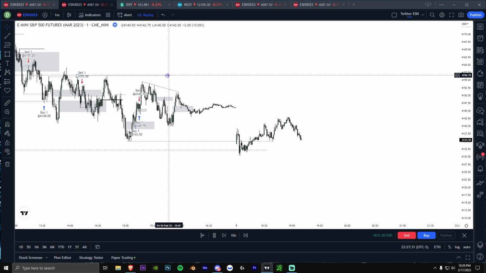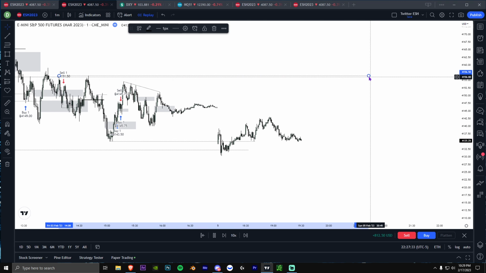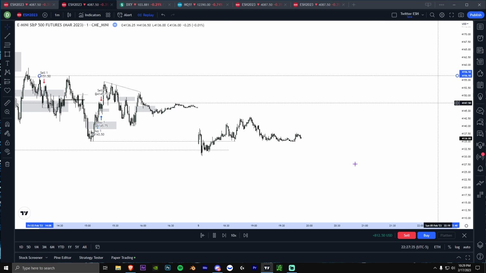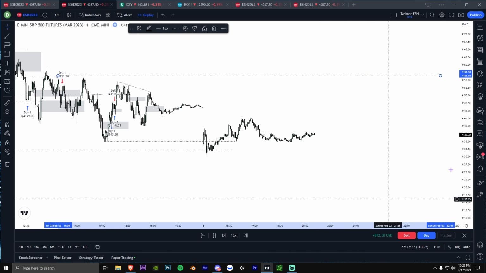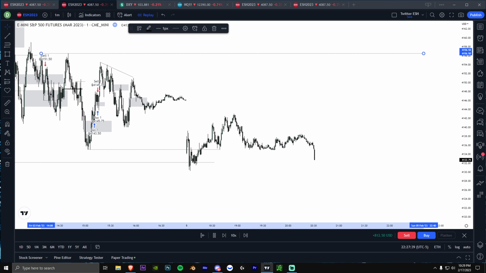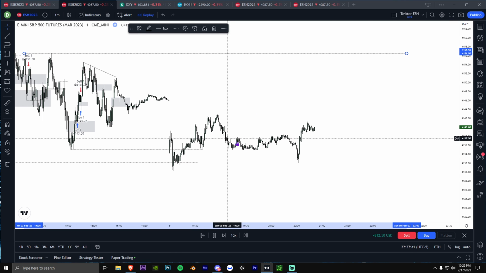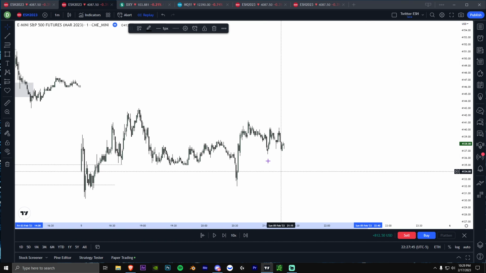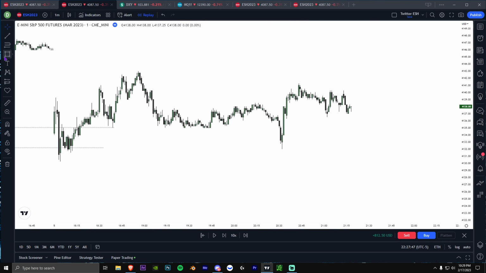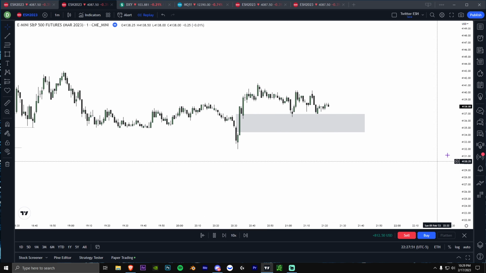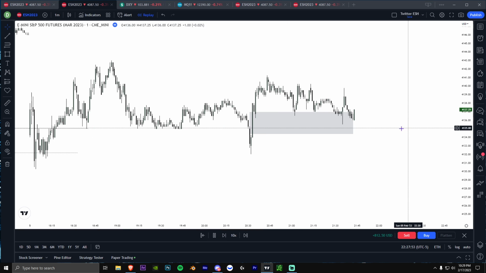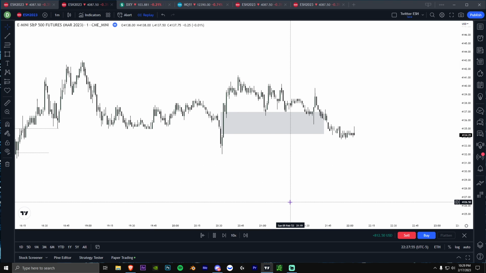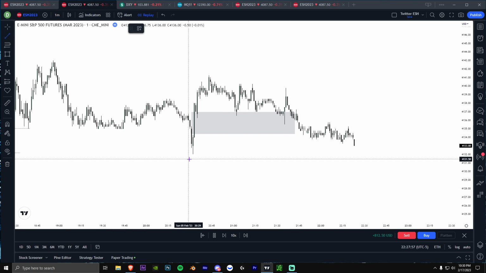I'm guessing we end up hitting these equal highs later. Here's what I'd be kind of watching for, a long setup to the equal highs still. Oh, right there. Shoot, right there. This would have been a solid entry. Let's see if it works. The stop will be at this low.